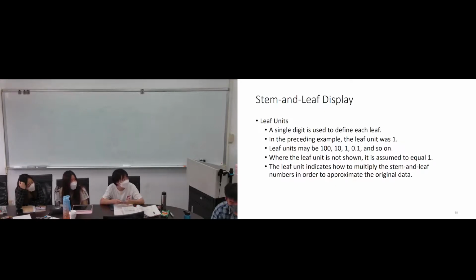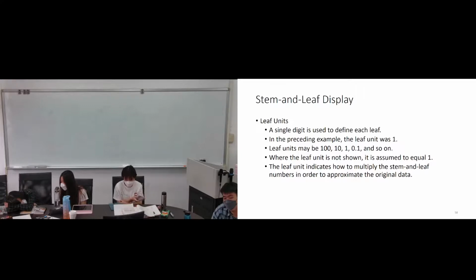When the leaf unit is not shown, it's assumed to be equal to 1. And the leaf unit indicates how to multiply the stem and leaf numbers in order to approximate the original data.